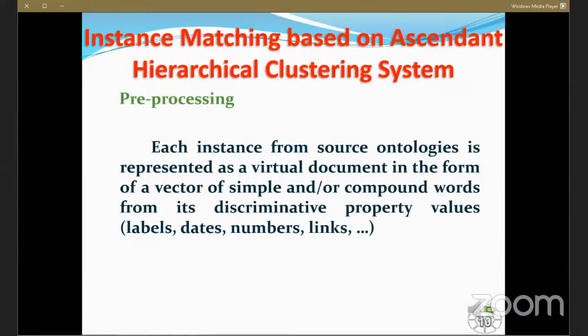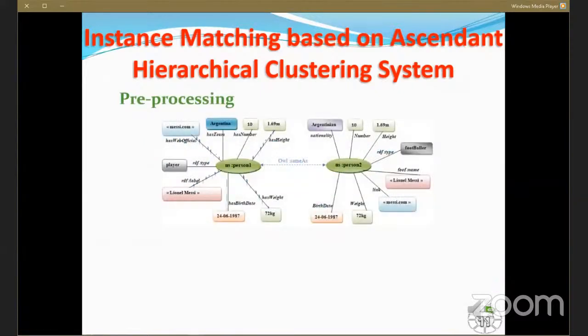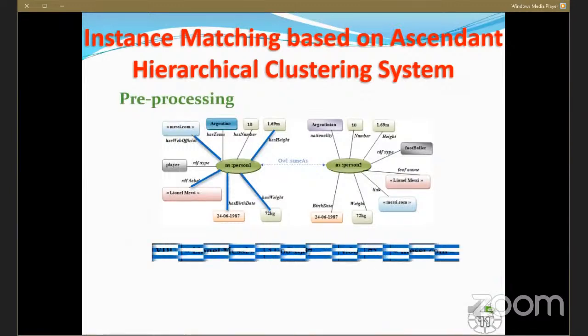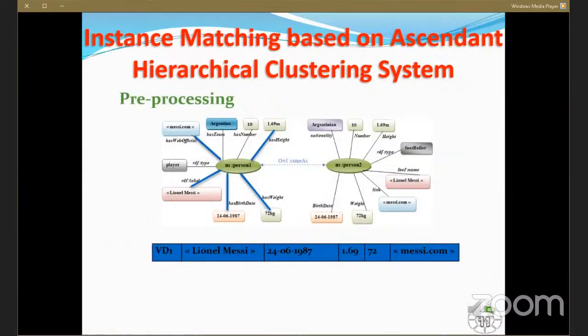So, in the preprocessing step, we use the discriminative properties such as labels, dates, numbers, links, etc. to construct virtual documents for each instance. For example, if the following properties are specified as discriminative properties for the first instance, it will be represented by the following virtual document.